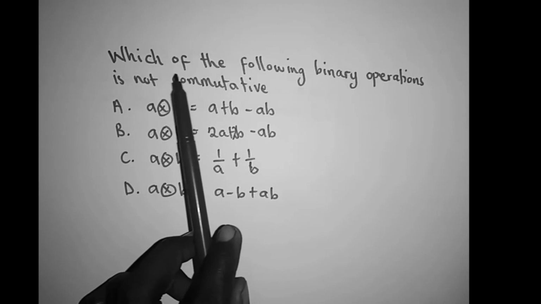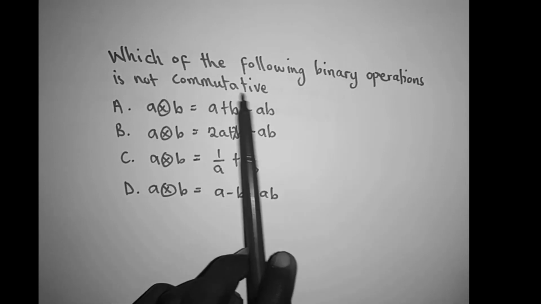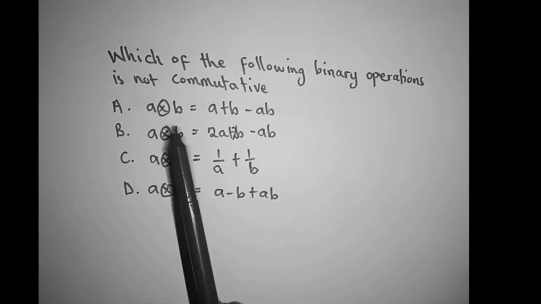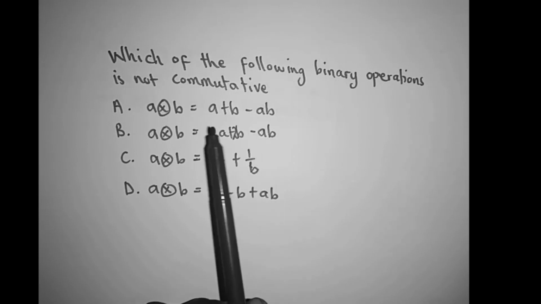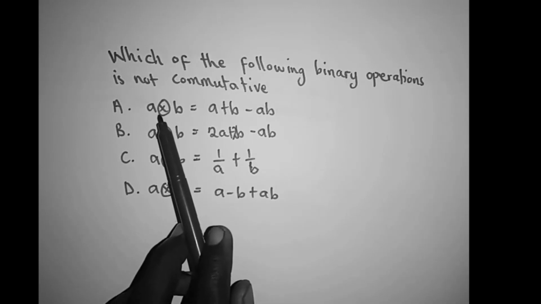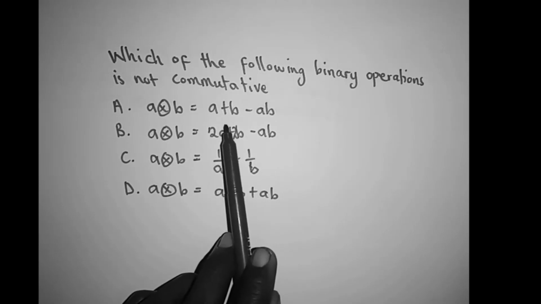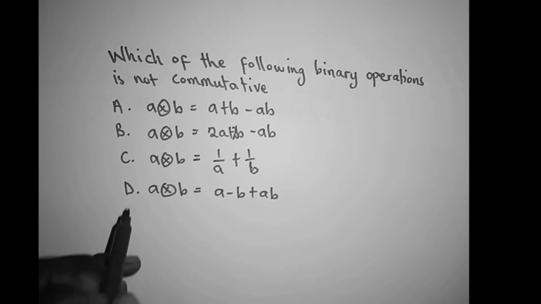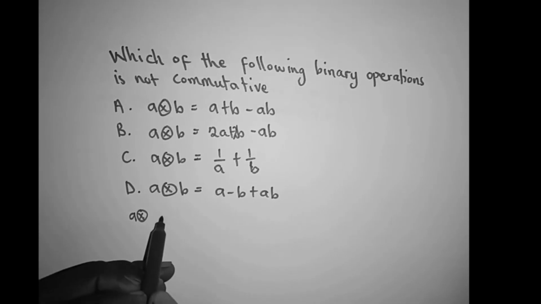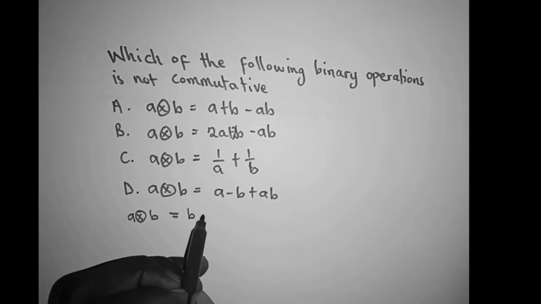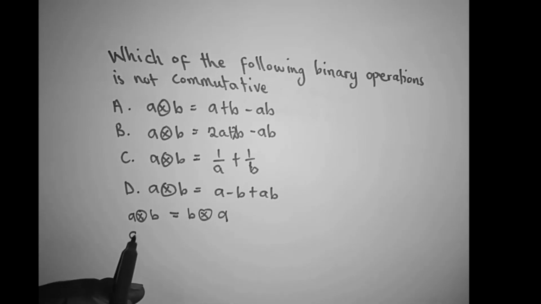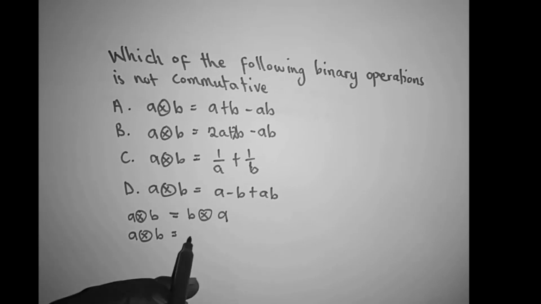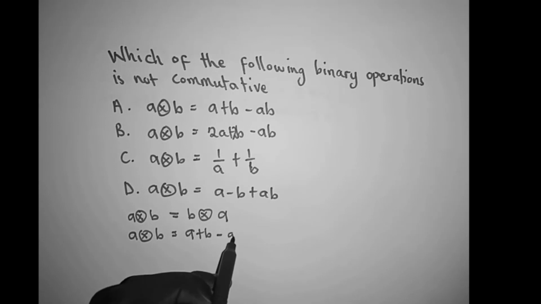So we have this question: which of the following binary operations is not commutative? So it says that A operation B is A plus B minus AB. Now, we'll take each and find out. Remember, for a binary operation to be commutative, A operation B must be equal to B operation A. So now it says that A operation B equals A plus B minus AB.